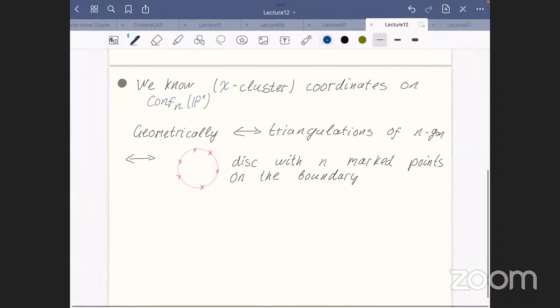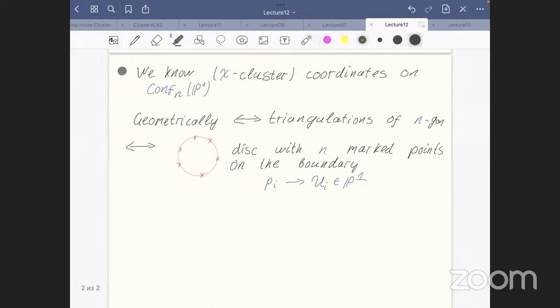For each marked point pi, we assign ui, which is a point of the projective line. And of course, we take this assignment modulo the action of the group, which is in this case PGL2, the group which acts on the projective line. Okay, this is what we know.